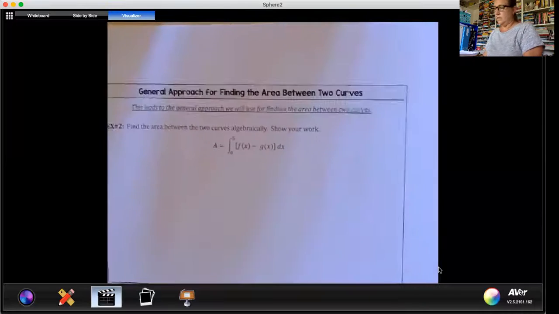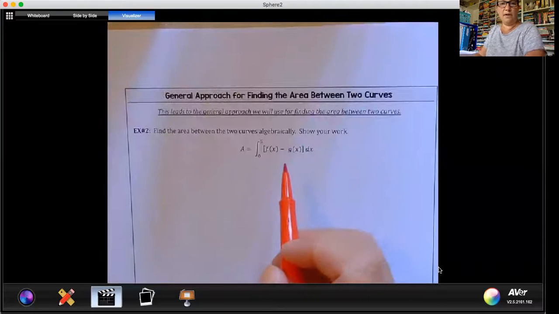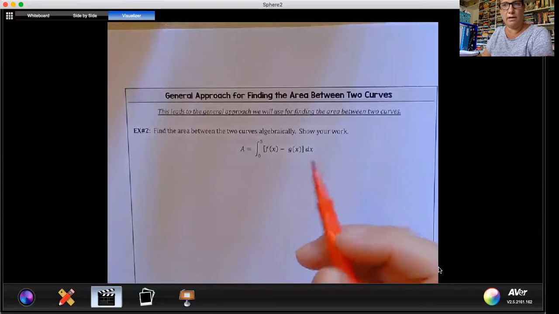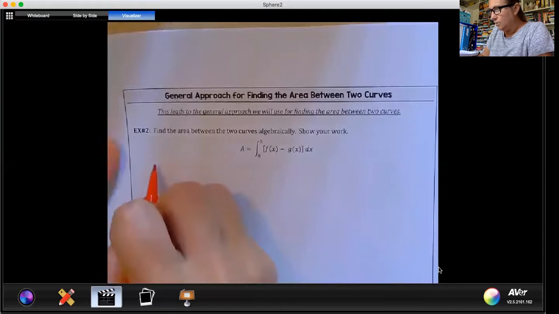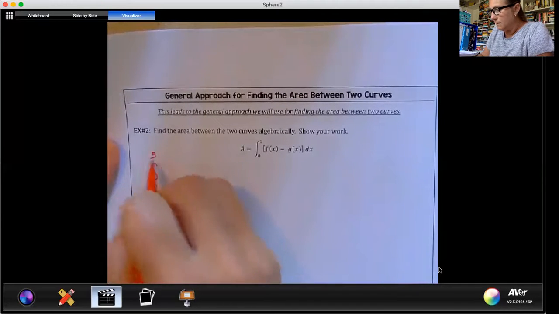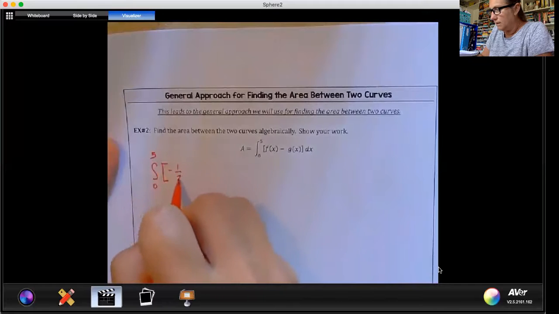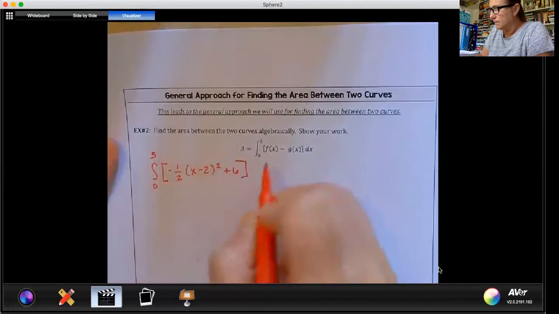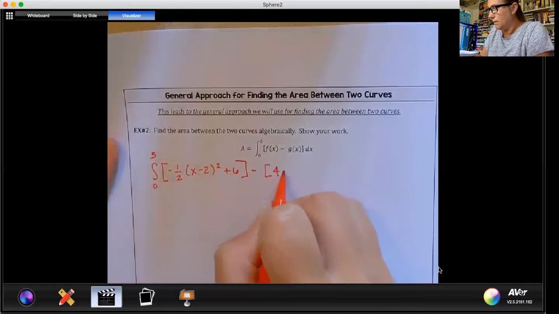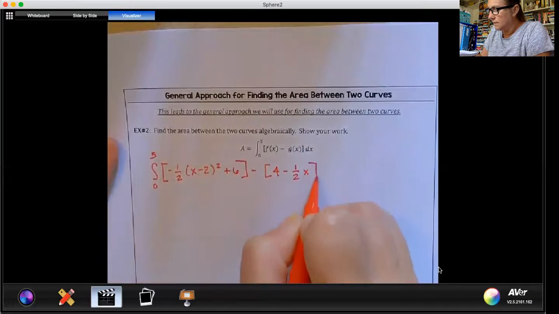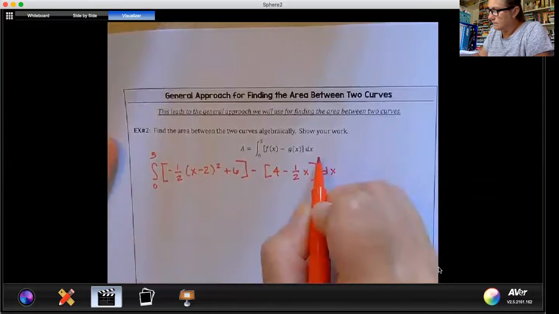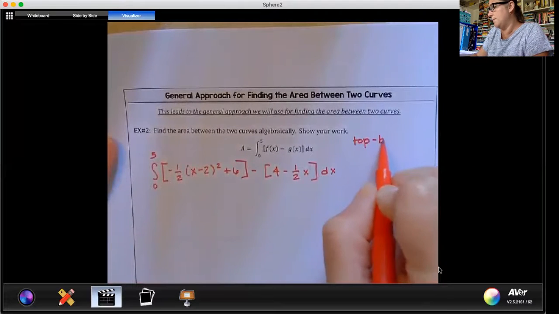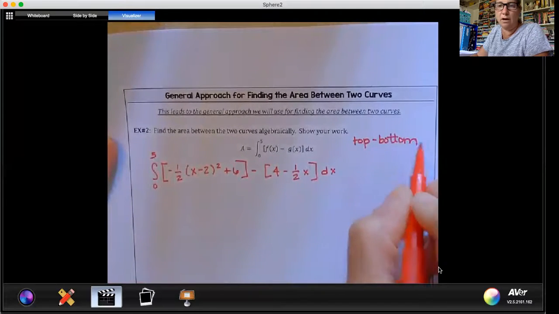So, general approach for finding the area between two curves algebraically of the ones that we just had: we're going to do the integral from 0 to 5 of negative 1/2 times (x minus 2) squared plus 6, minus (4 minus 1/2 x) dx. And this one we said was a top minus bottom. We're going to pretend like we have not already found the pieces.